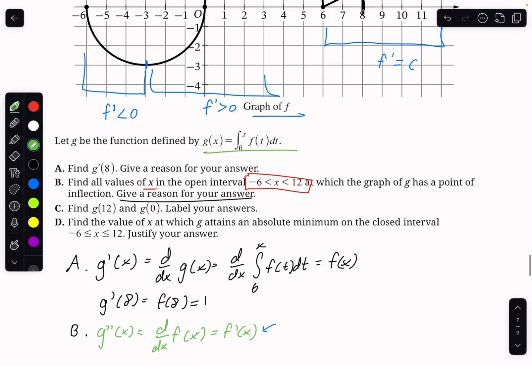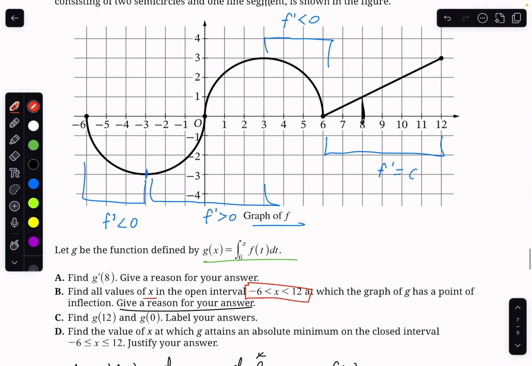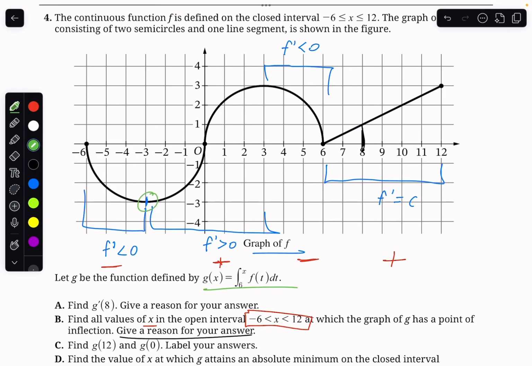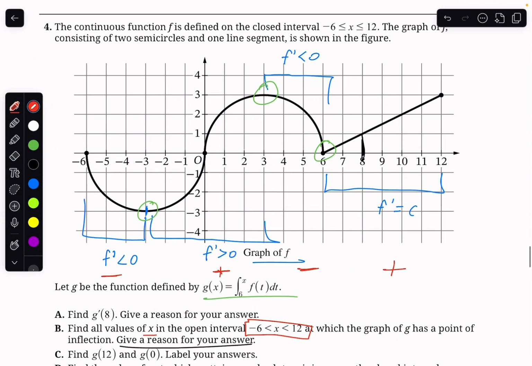We want to know when f prime changes sign. f prime is negative here, it's positive here, it's negative here, and it's positive here, which means that f prime changes sign at this point, at this point, and at this point right there. Those are the 3 points which are candidates for the points of inflection.